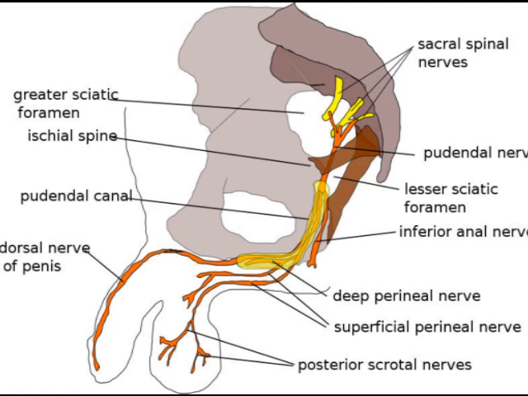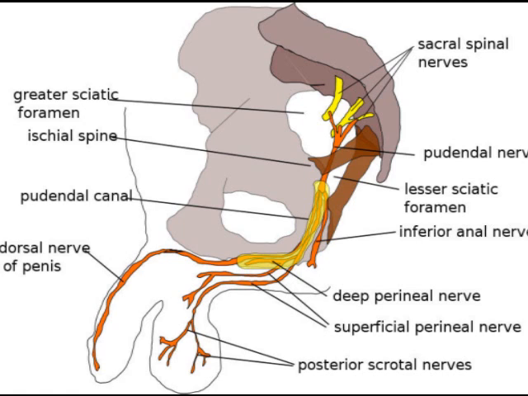The inferior anal or inferior rectal nerve branch of the pudendal nerve supplies your rectum, anal area, and buttocks area.